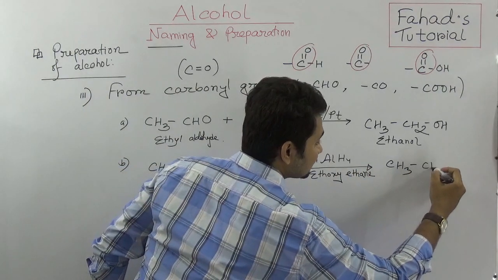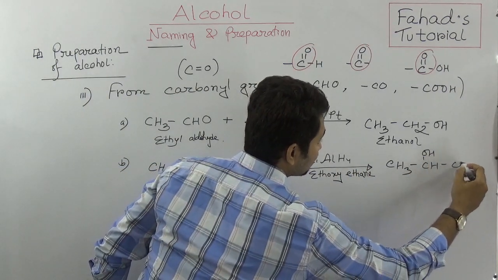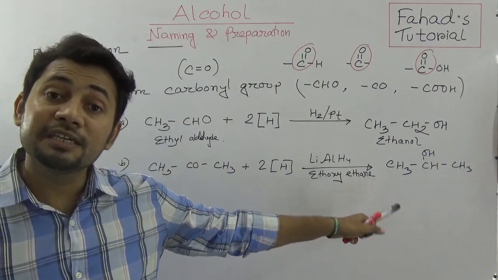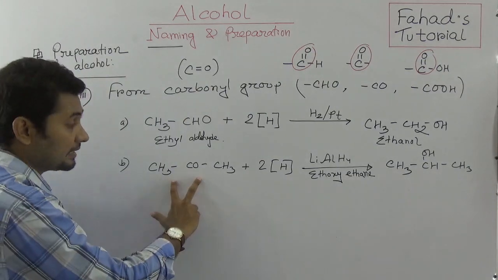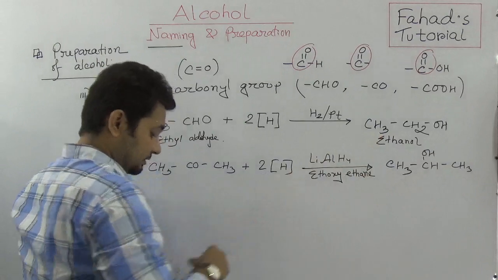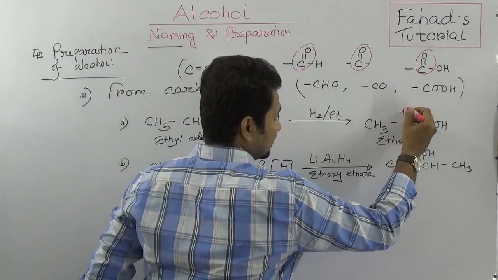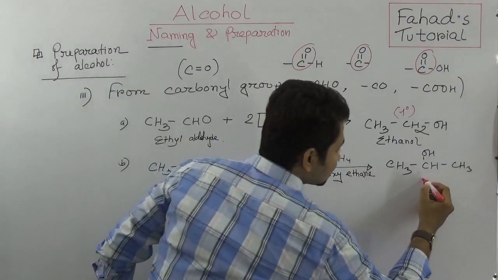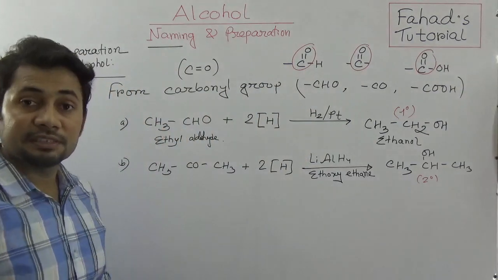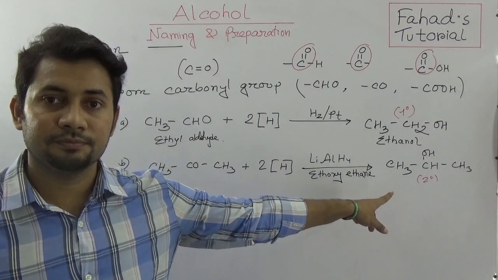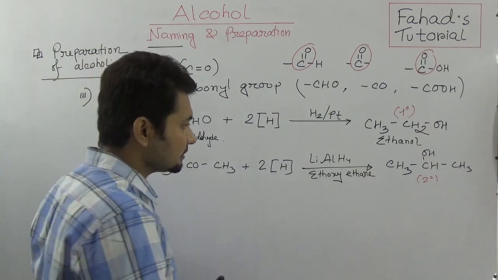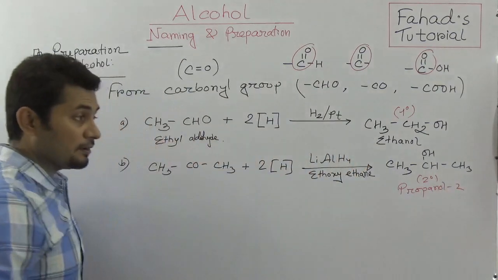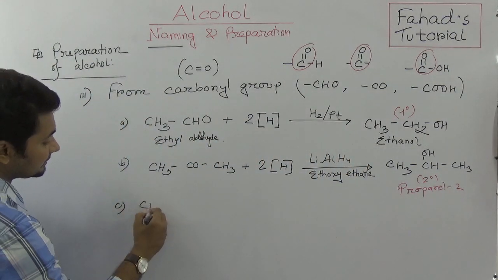So it would be CH3CHOHCH3, a 2 degree alcohol. So from aldehyde, 1 degree alcohol is produced, but from ketone, 2 degree alcohol will be produced, and this is propanol-2. So the name is propanol-2.